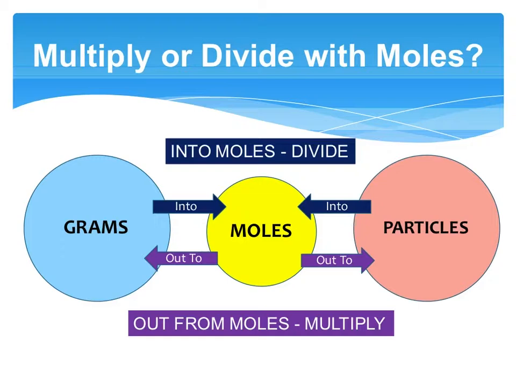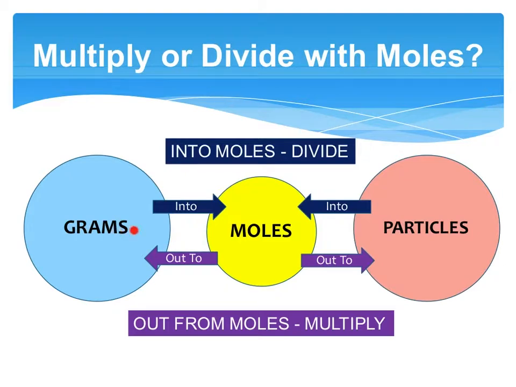Here's another visual to help you understand what we mean by divide and multiply. We start at moles. When we want to find the number of particles, it's the number of moles times 6.02 times 10 to the 23rd, which will give me the total number of particles. Moles times the molar mass will give me the number of grams.